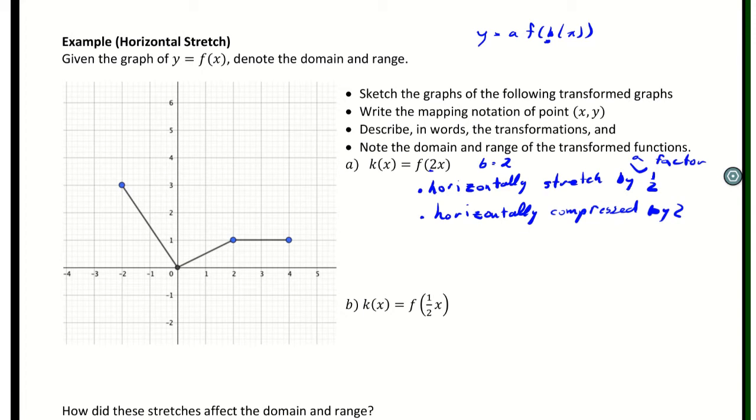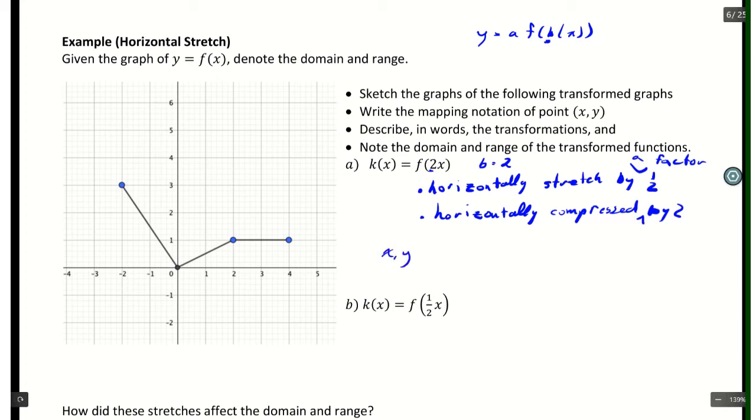Hope you tried that. It's fairly tough. Since b is equal to 2, we say that we horizontally stretch this by a factor of 1 over b, or a factor of a half. We can also say that we horizontally compress by a factor of 2.